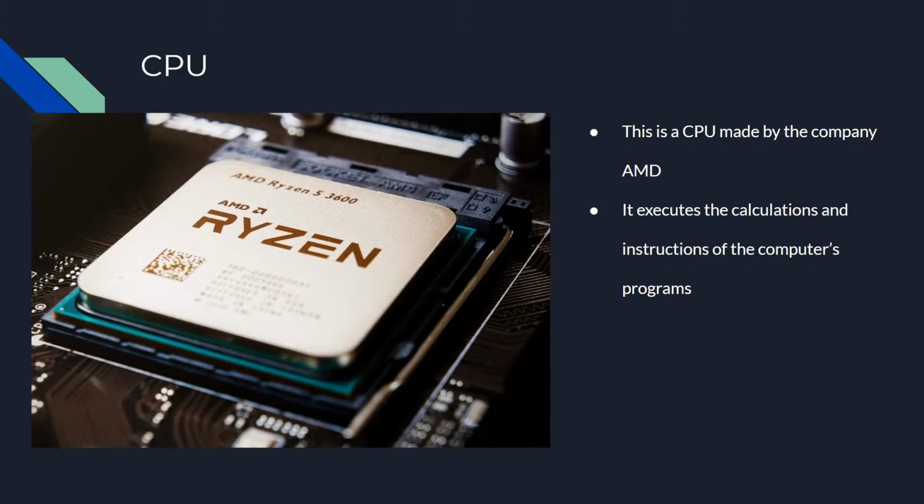You can see a lot of connections. This is what a CPU looks like. This is a CPU made by the company AMD. Like Matthew said earlier, it calculates the instructions of the computer's programs, and it's like the mastermind of the whole computer.